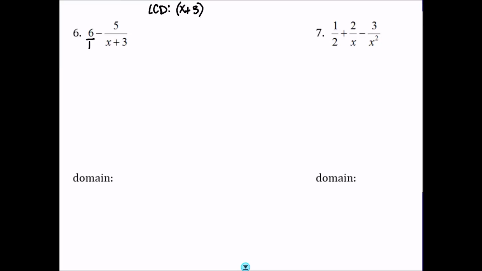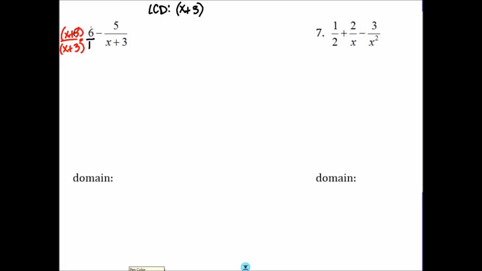So we need to make sure that we multiply the first fraction, the 6 over 1, by x plus 3, the missing factor. The second fraction already has the LCD as its denominator, so we don't need to do anything there.